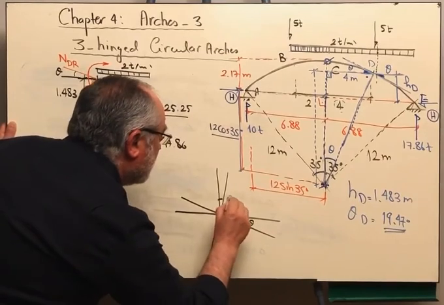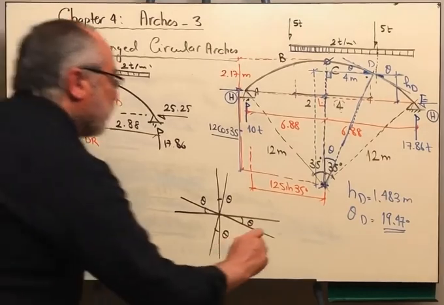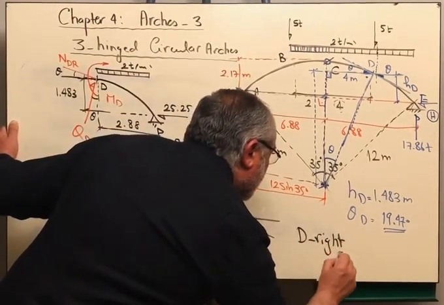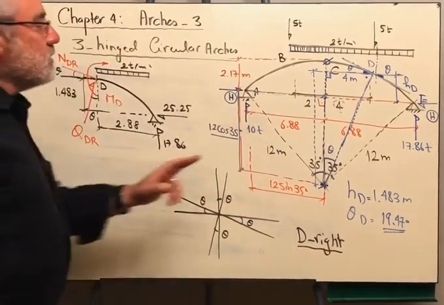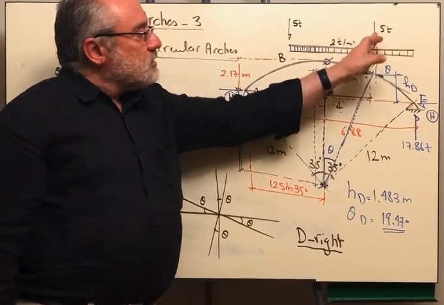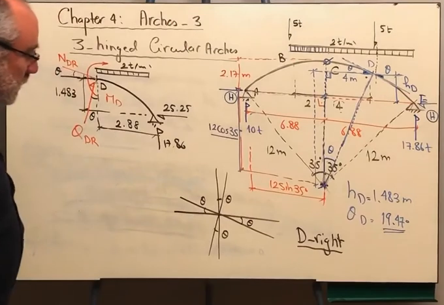This is theta, and this is theta, this is theta, and this is theta. This is point D right. We are taking the section right of point D, so this means that the 5 tons is not included because we are taking the right hand side of the arch.